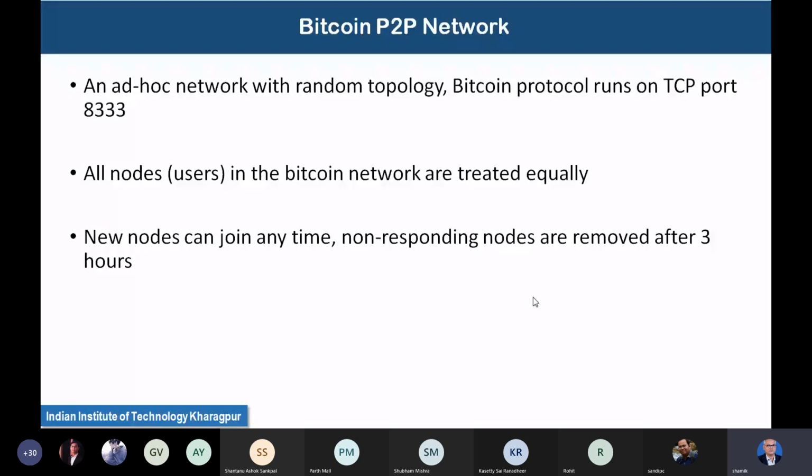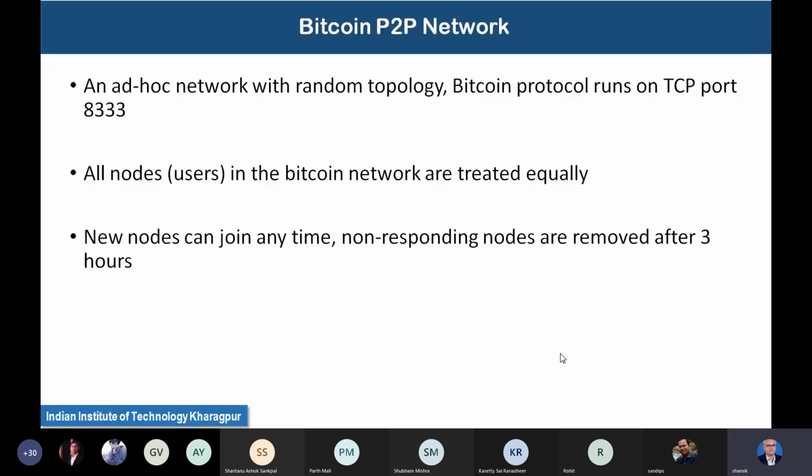So what is the Bitcoin P2P network? We understand that it's an ad hoc network with random topology, and the Bitcoin protocol runs on TCP port 8333. All the nodes representing users are treated equally, so there is no one who is more powerful than the others.